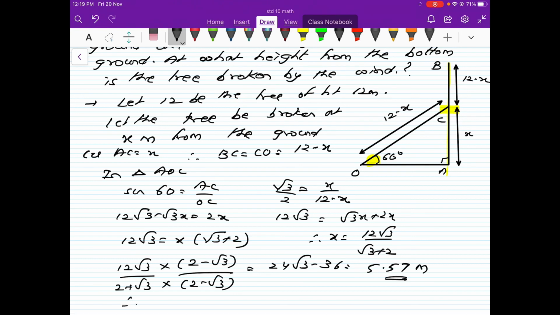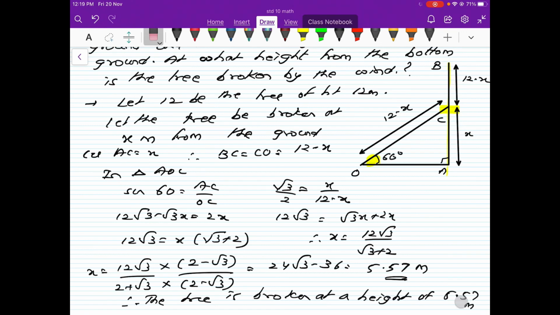So we can say therefore the tree is broken at a height of 5.57 meters. Thank you.